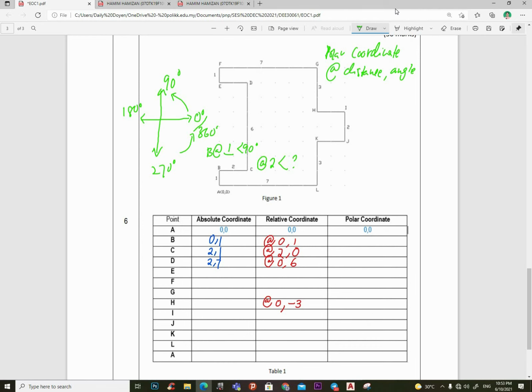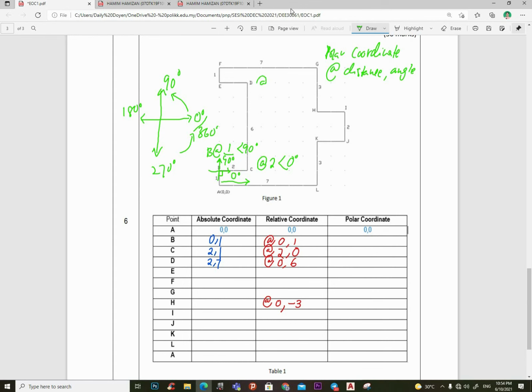So draw the angle here. You just redraw. So this is 0 degrees, this is 90 degrees. So from B to C, you are creating a line from left to right. So the angle is 0.